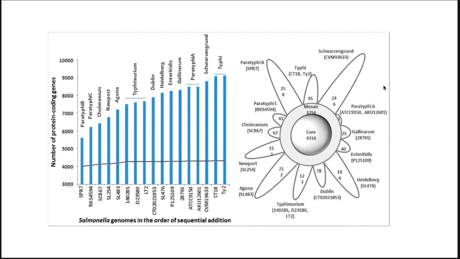The variation is all within one species. There are numerous events of horizontal gene transfer within this species, and it is the same for most organisms. This organism seems to have a core genome of 4,316 genes, but then other members of the species have all sorts of other genes.